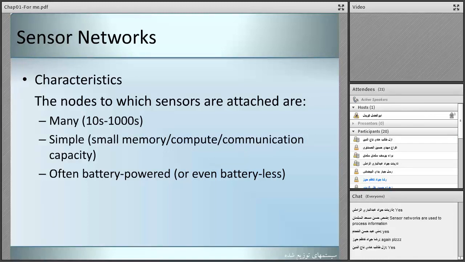Again, please. Okay. Do you know the meaning of sensor? What is a sensor? A sensor is usually a small hardware that can collect some data.